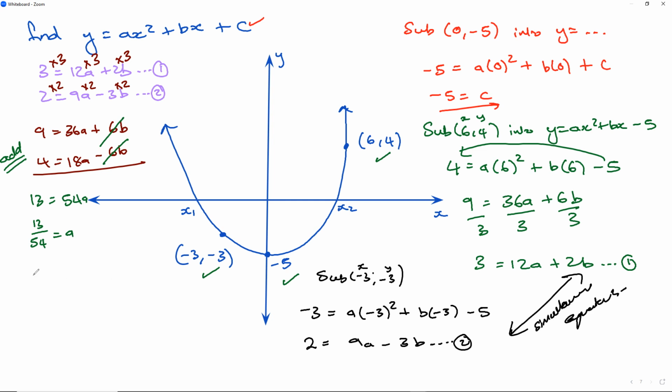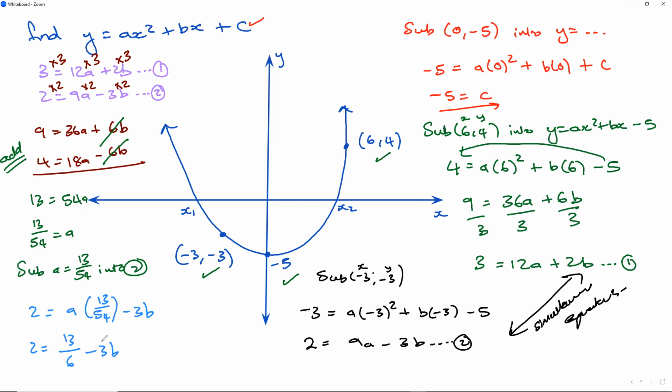In order to get b, I'm going to substitute a equals 13 over 54 into equation 2. That's going to get me 2 equals 9 times 13 over 54 minus 3b. Now, 9 goes into 54; 54 divided by 9 is 6.